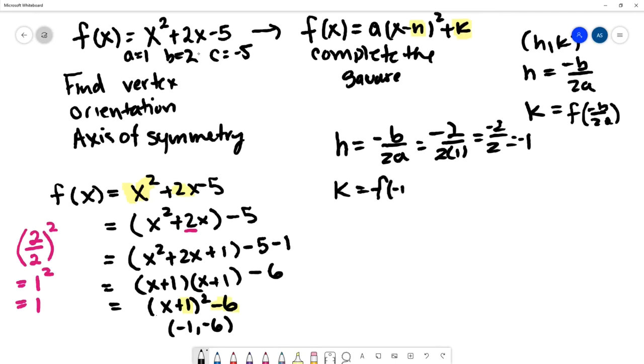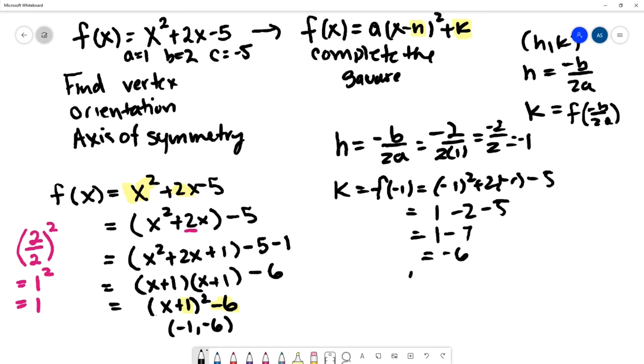We're doing f of negative 1. Negative 1 squared plus 2 times negative 1 minus 5. Negative 1 squared is 1. 2 times negative 1, that's negative 2. I have 1 minus 7, that's negative 6. So you can see we get the same vertex using either method. We've got a vertex of (-1, -6).